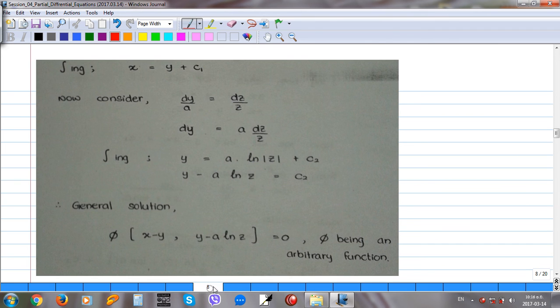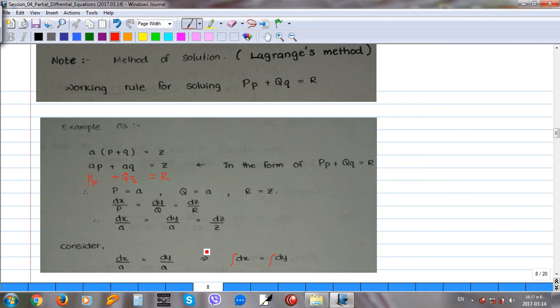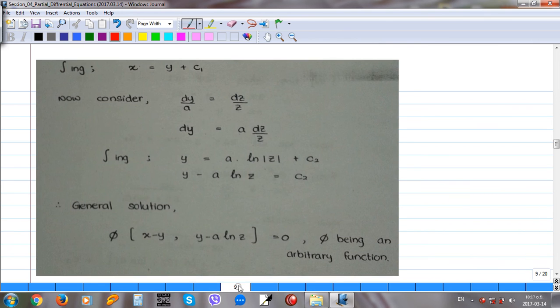Now you can consider these two, right? Then it becomes dy over a equals dz over z, right?